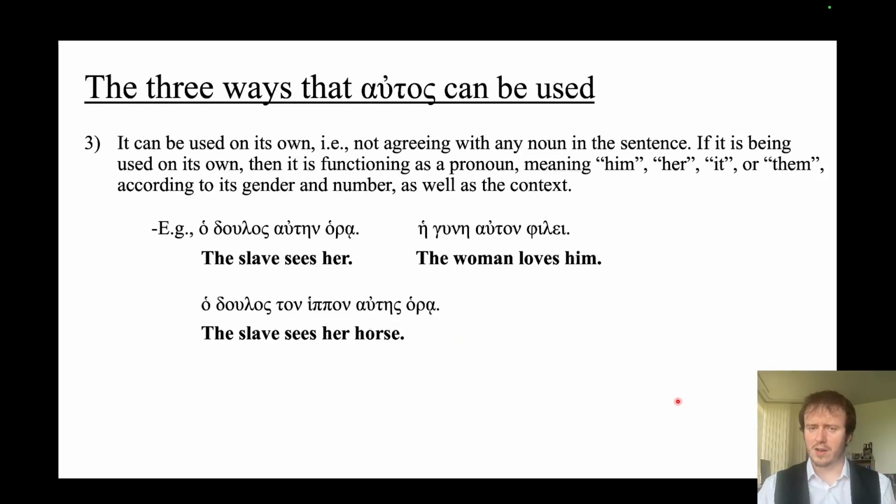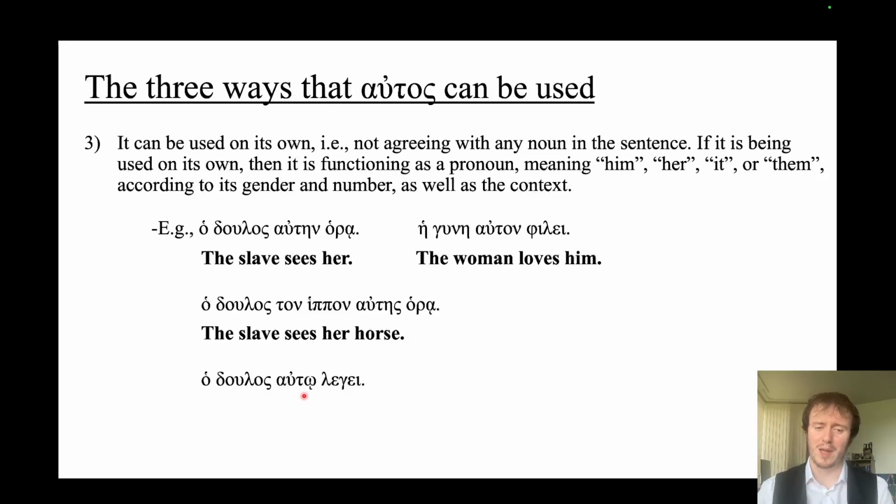Let's look at a dative example now. Ὁ δοῦλος αὐτῷ λέγει. The slave is in the nominative. Λέγει means he, she, it speaks. So the slave speaks or is speaking αὐτῷ. Αὐτῷ is either masculine dative singular or neuter dative singular. And so this either means the slave speaks to him or the slave speaks to it.